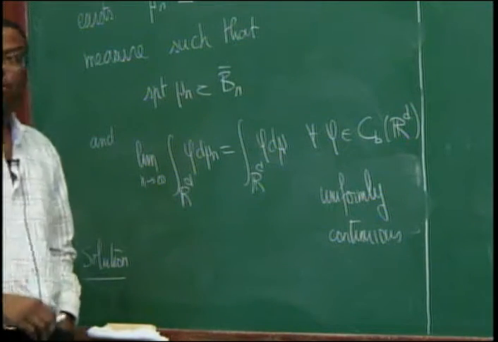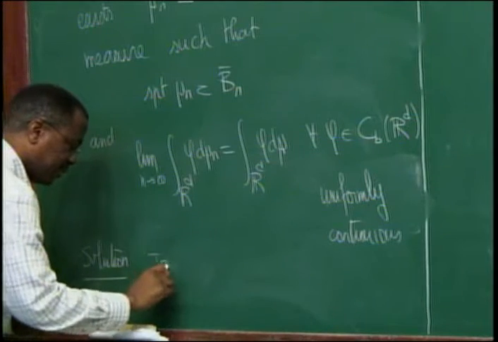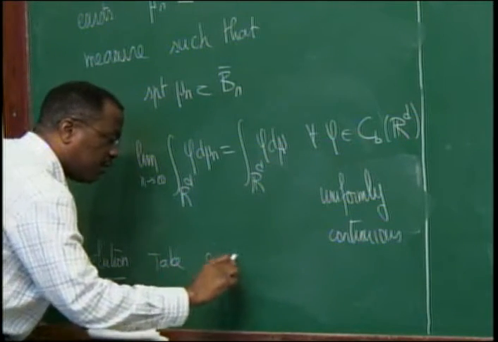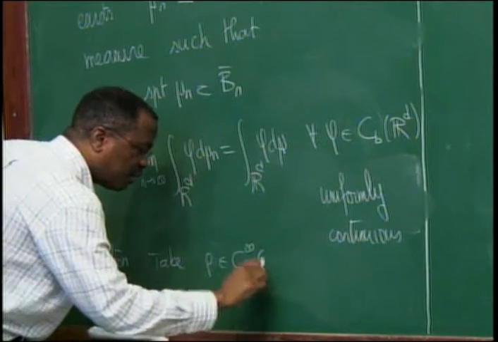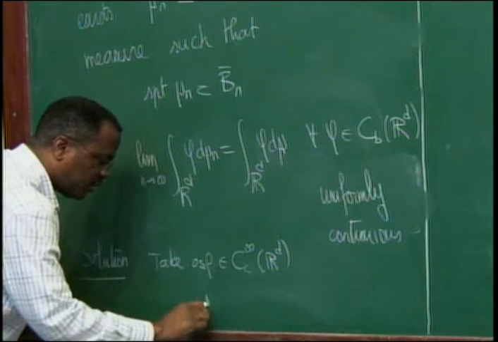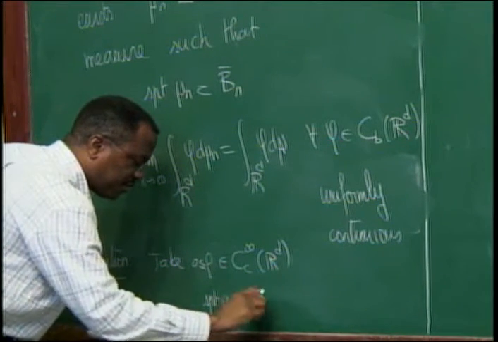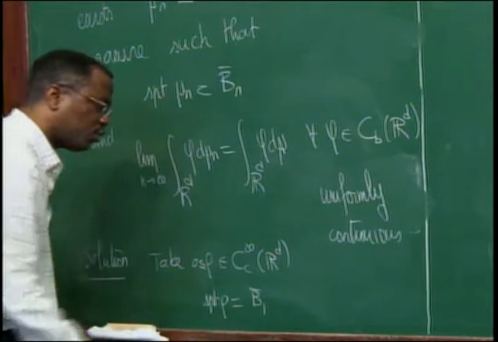So take a standard mollifying function. Take rho of class C infinity of compact support in R^d. Rho is greater than or equal to 0. The support of rho is the ball of center 0, radius 1.